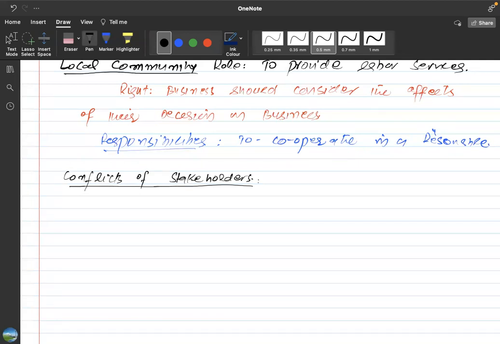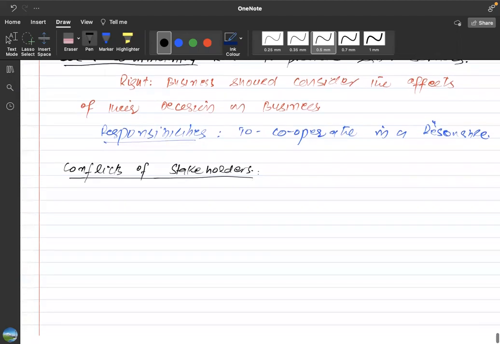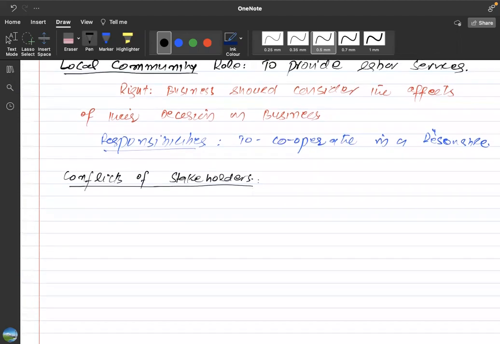Now, we need to understand why these conflicts arise among the different stakeholders, and at what level the conflicts might exist. First of all, if we're talking about these conflicts, we need to know that different stakeholders have different expectations from the business.